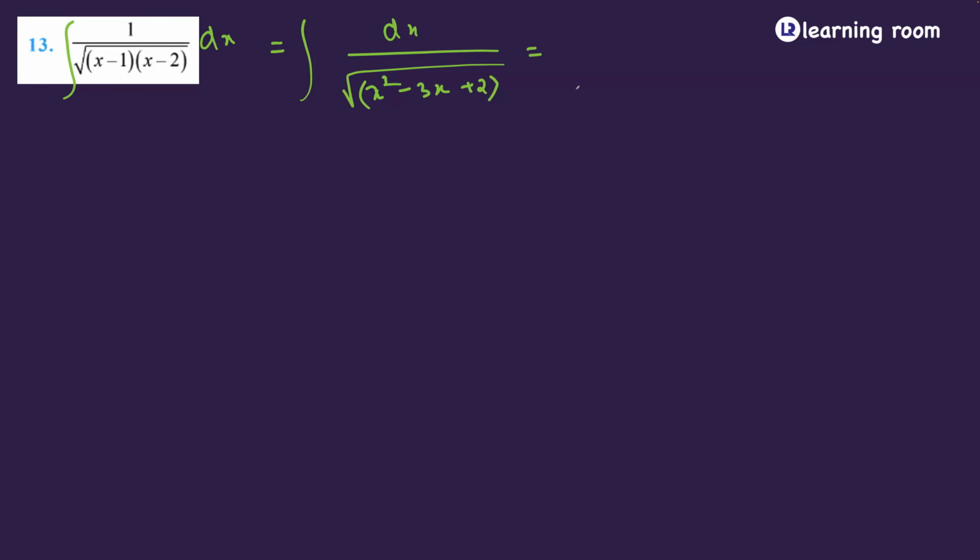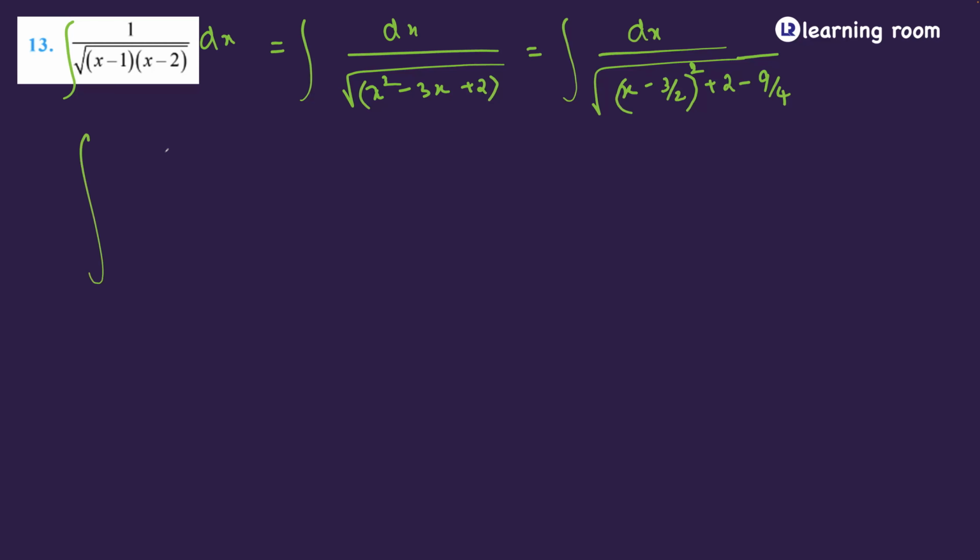So this will be equal to integral of dx divided by square root of x minus 3/2 the whole square plus 2 minus 3/2 the whole square, which is going to be 9/4. So you will get minus 1/4. Right?